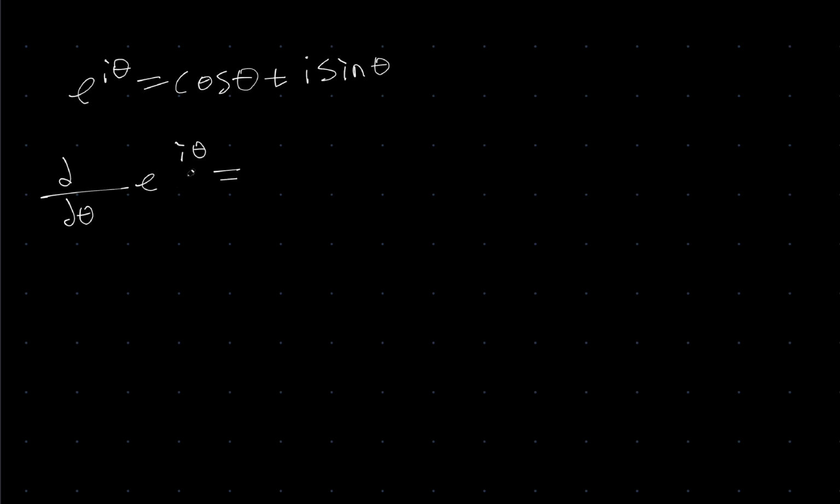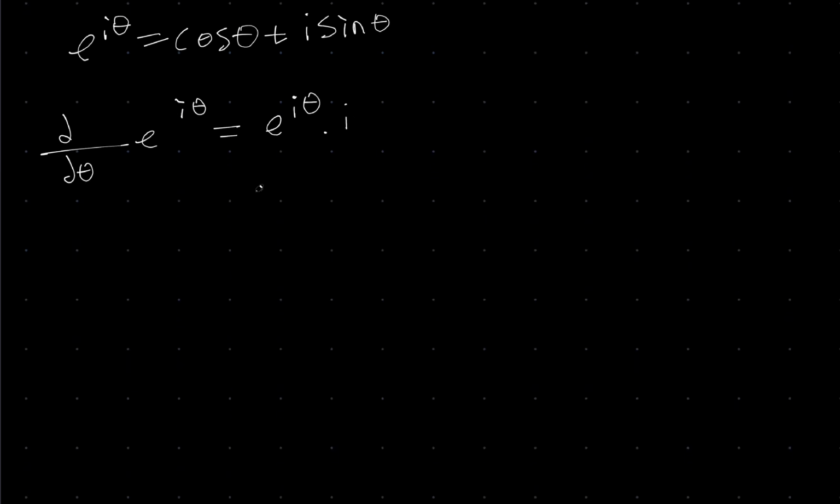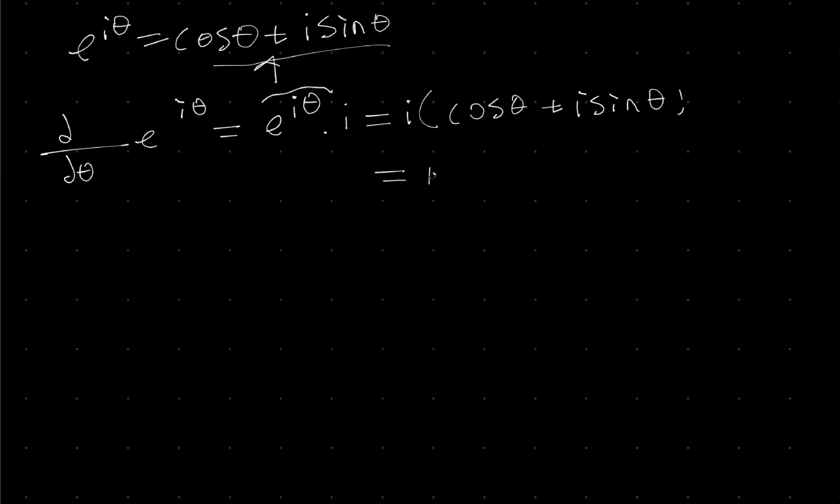The derivative of e is the same, and it will be multiplied with the derivative of the exponent, and if you take the derivative of this, it is equal to I. And we said that e to the I times theta is equal to cosine theta plus I times sine theta, so that will give us I times cosine theta plus I squared times sine theta.